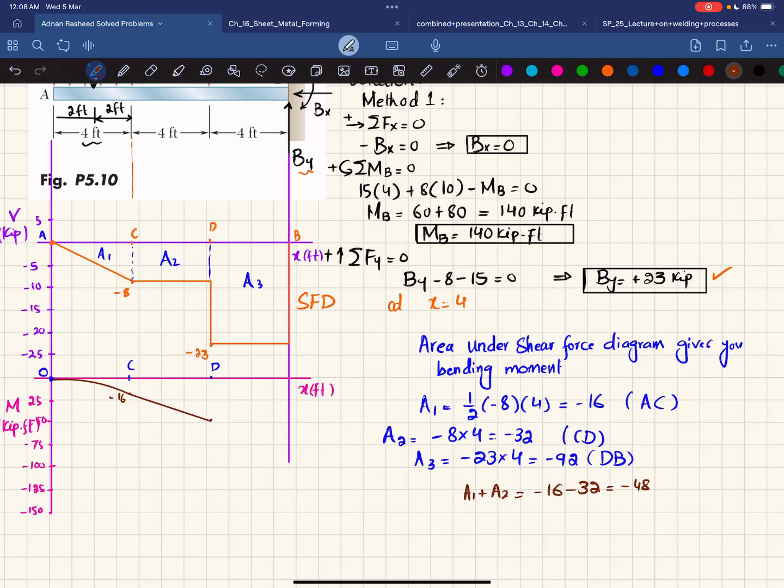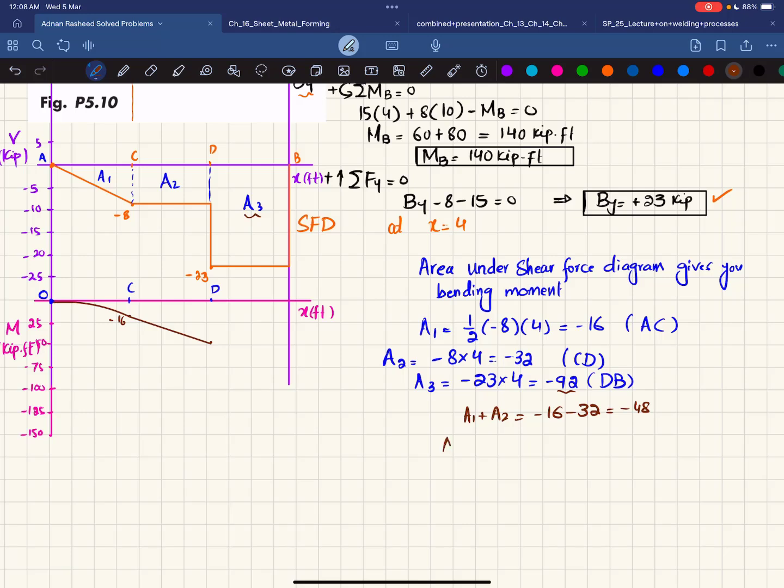And the last area is A3, which is how much? Minus 92. So at point B, our total bending moment will be A1 plus A2 plus A3. So A1 plus A2 is minus 48 and A3 is minus 92. So that will give you minus 140.